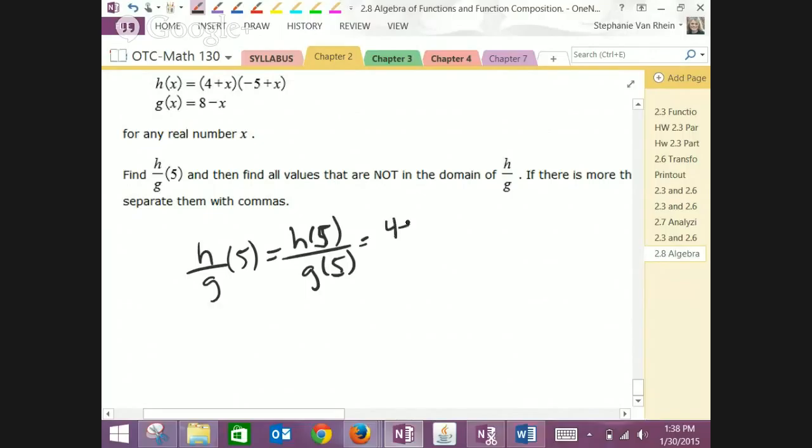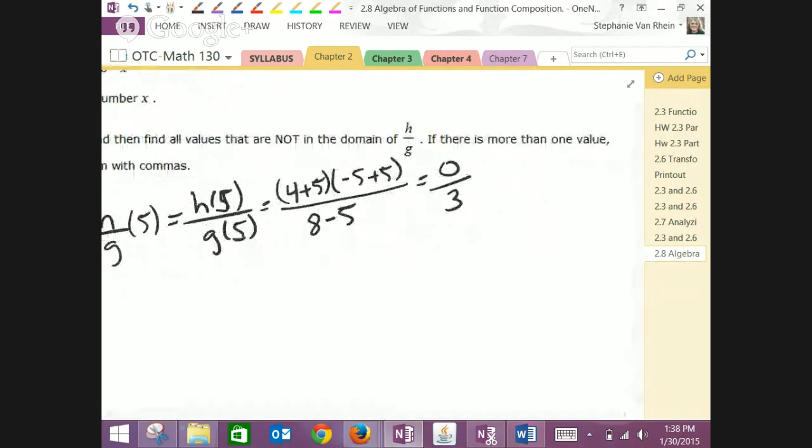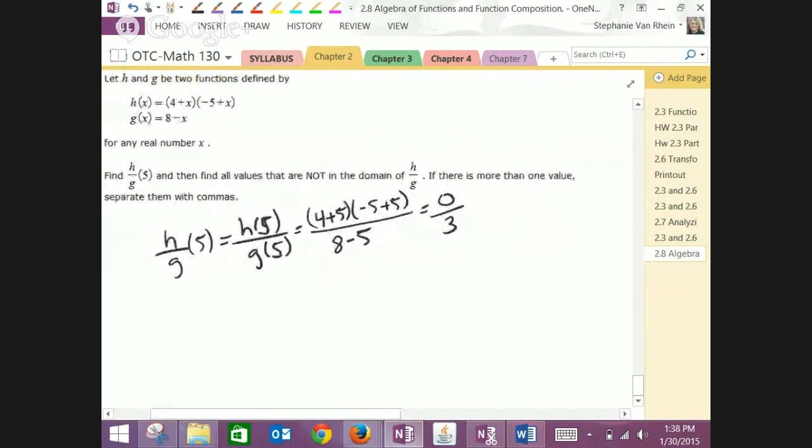So I have 4 plus 5 times minus 5 plus 5 over 8 minus 5, which would be 0 over 3. What is 0 over 3? 0. There's no problem with that.